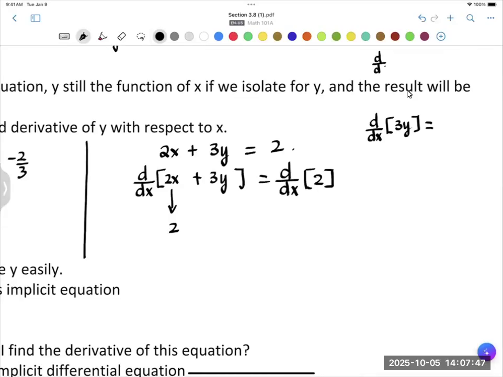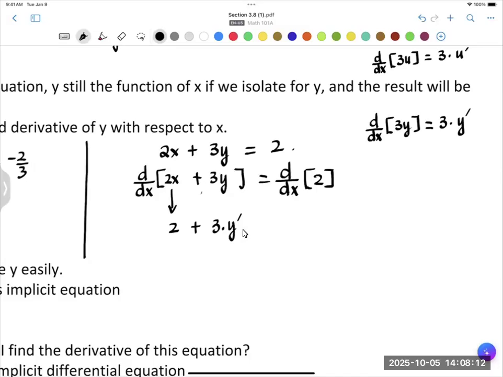If you have the derivative of 3u, you have 3 times u prime. The same thing here, this is going to be 3 times y prime. So you will have plus 3 times y prime. Why 3 times y prime? Because the derivative of 3y is 3, and you multiply by the chain rule factor of y, which is y prime.